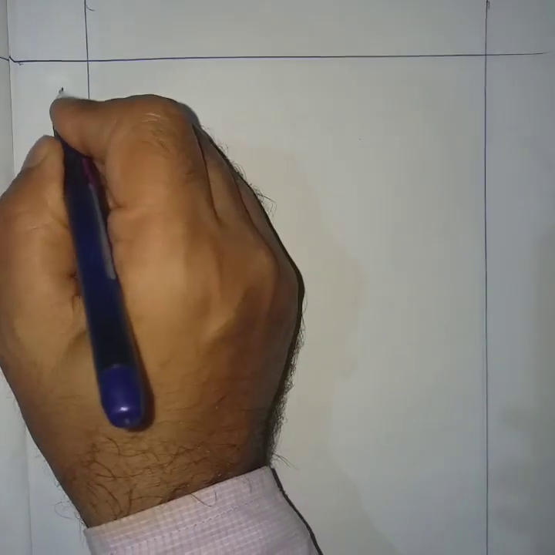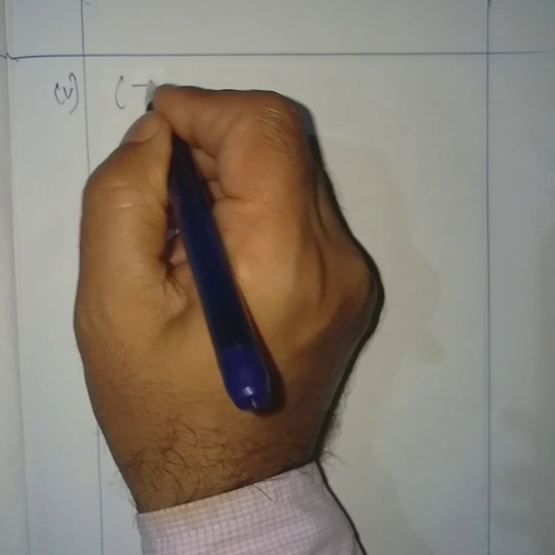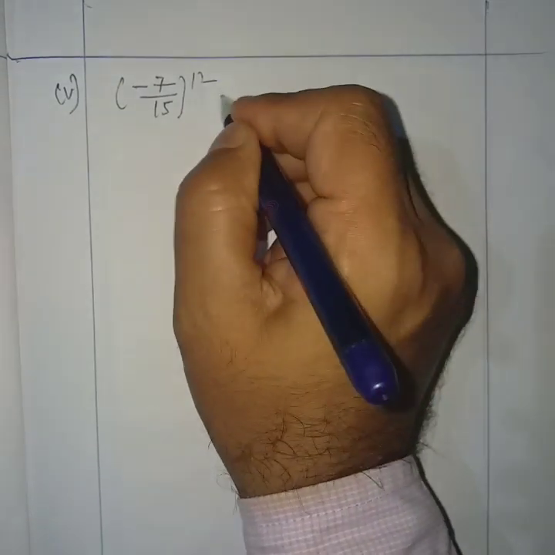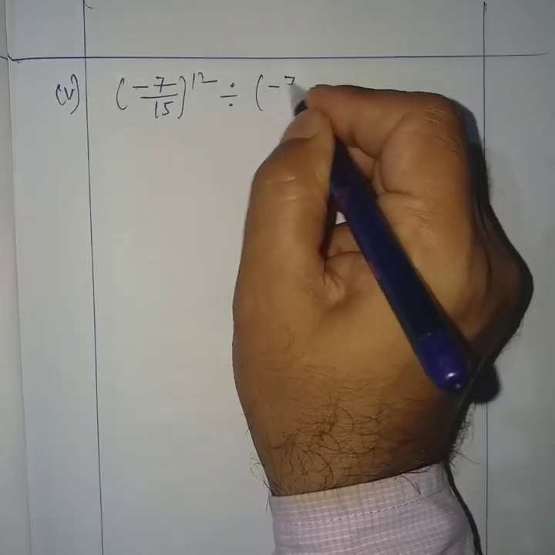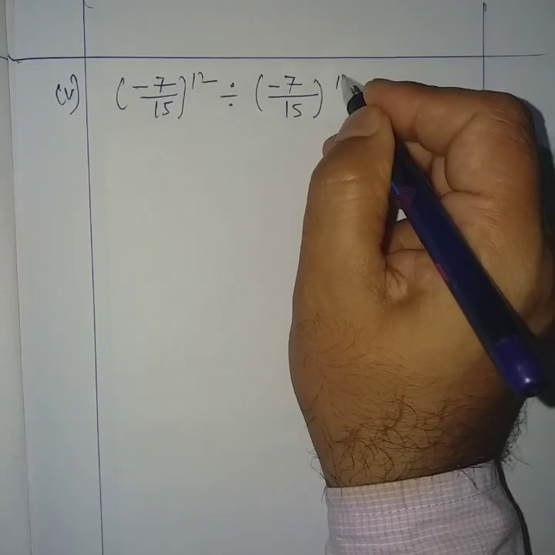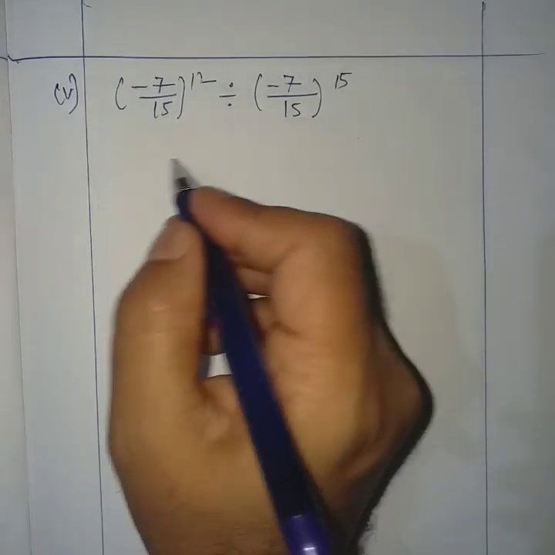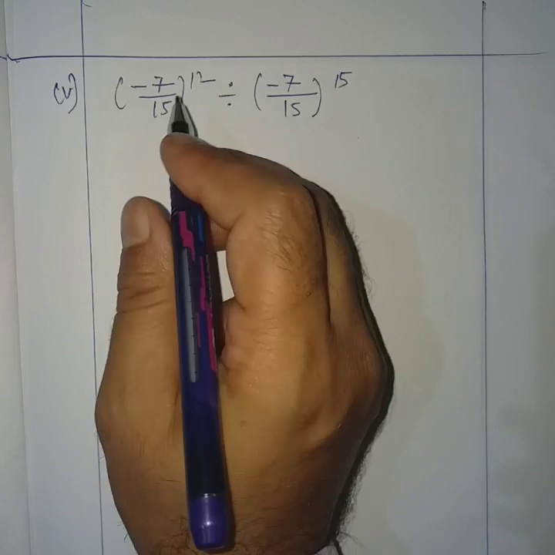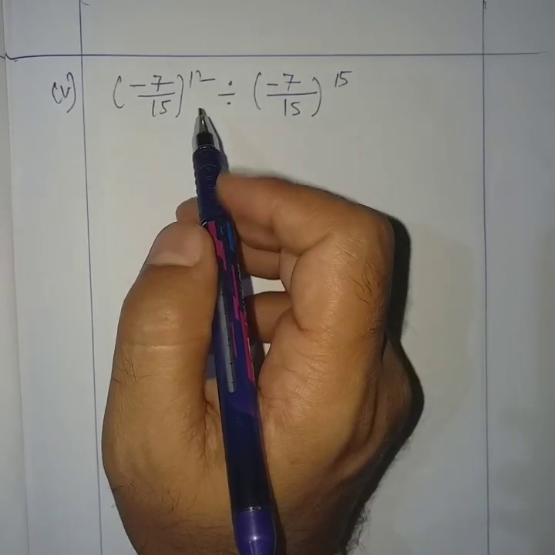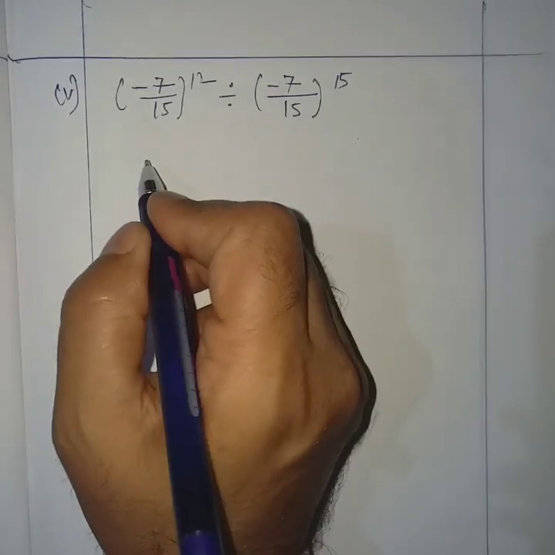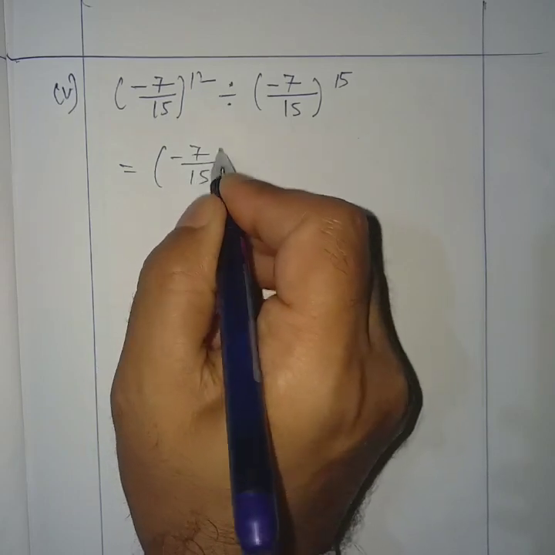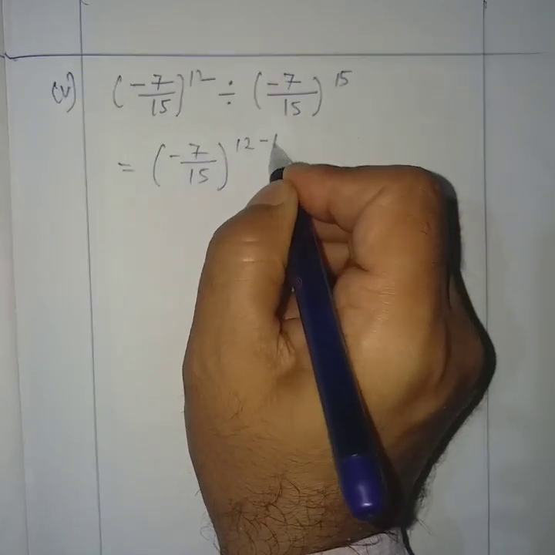Number 5, minus 7 by 15 to the power 12 divided by minus 7 by 15 to the power 15. Okay, so here bases are same and division is there, so we have to subtract the power of the numerator minus the power of the denominator. So it is equal to minus 7 by 15, here 12 minus 15.